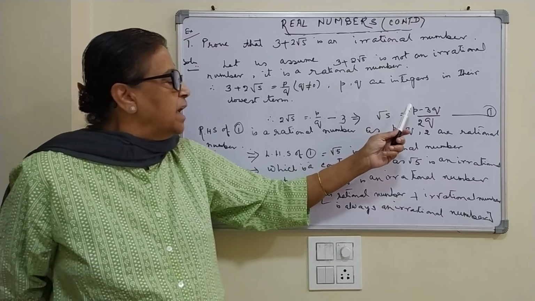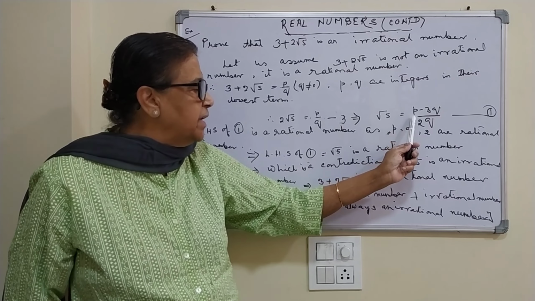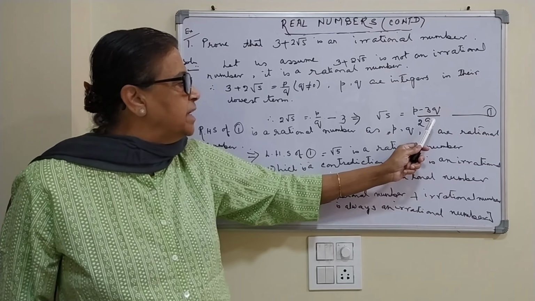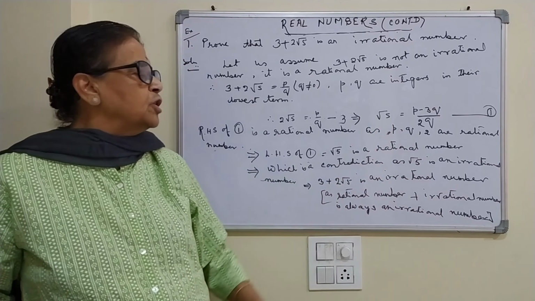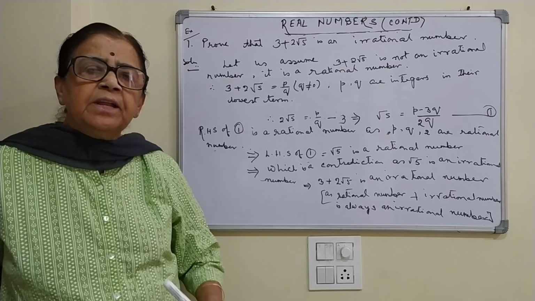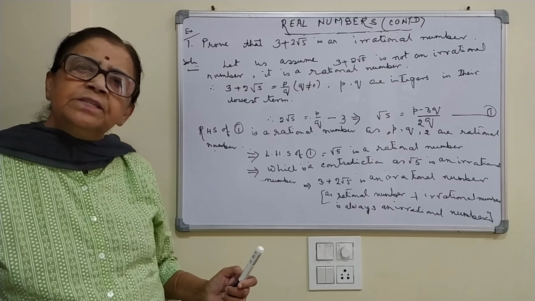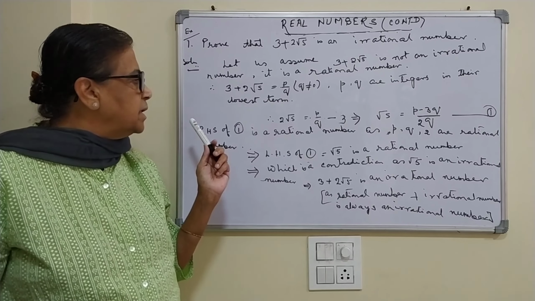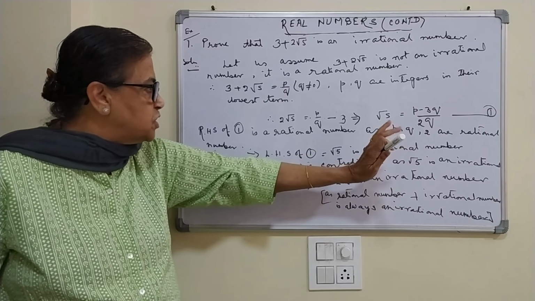So this side, P is an integer, Q is an integer, and again Q is an integer, and this is also an integer. Integer divided by integer is a rational number.